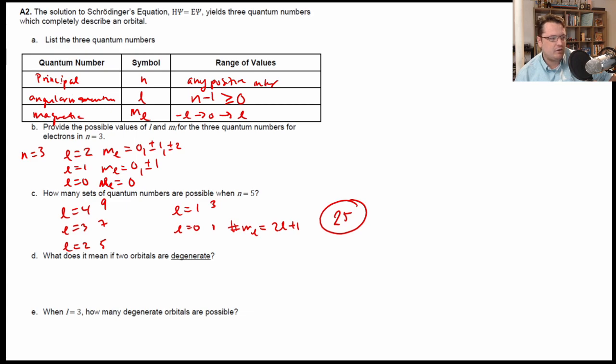In the case of when L is equal to 3, how many degenerate orbitals are possible? You have the possibility of 7 orbitals, because that's going to be the f orbitals. When L is equal to 3, you're looking at the f orbitals, and so there are 7 orbitals that can be degenerate. You have your z cubed and all the other ones like that.